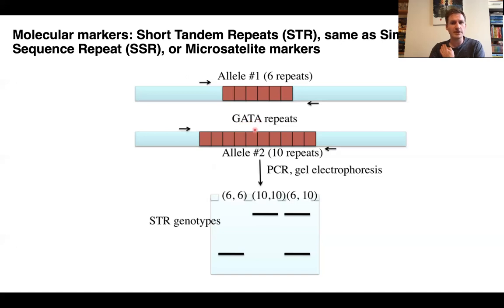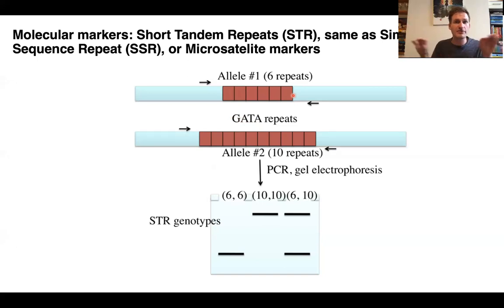So it's 4 base pairs, but here it's repeated actually 6 times. So it's GATA, GATA, GATA, GATA, 6 times over and over again. And this is a phenomenon that happens when DNA is getting replicated. The enzyme that replicates DNA, if it hits a repetitive region, will just sometimes duplicate it.